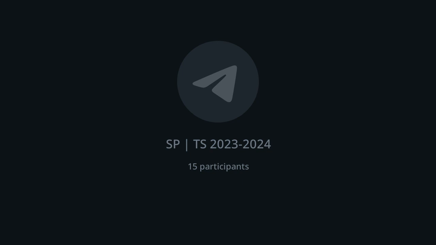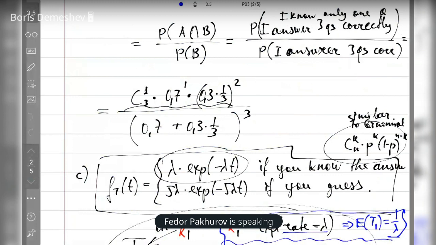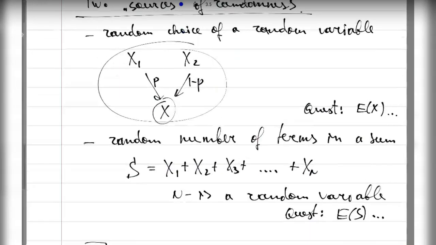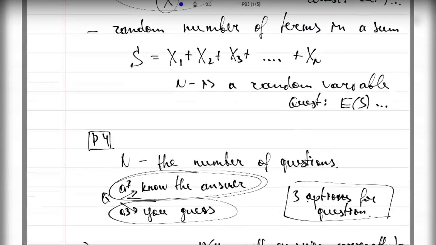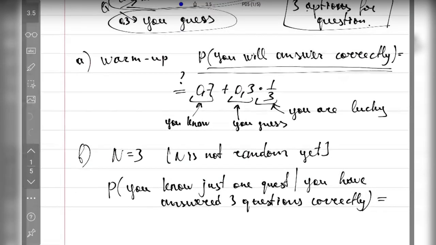I get the idea with sources of randomness, but is there a more strict interpretation of it, or is that enough? I think that's enough. We can prove the formula. Here we have done everything rigorously with the first source of randomness, because we have a very simple notation.